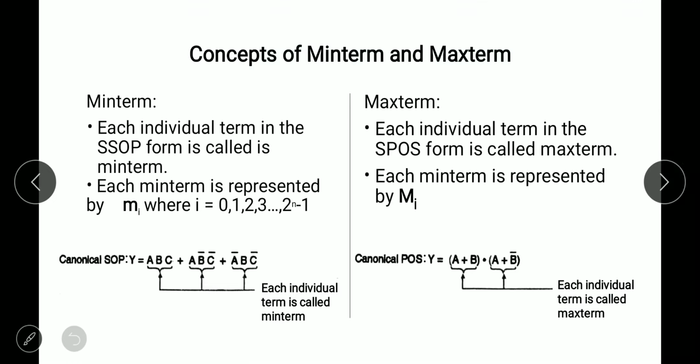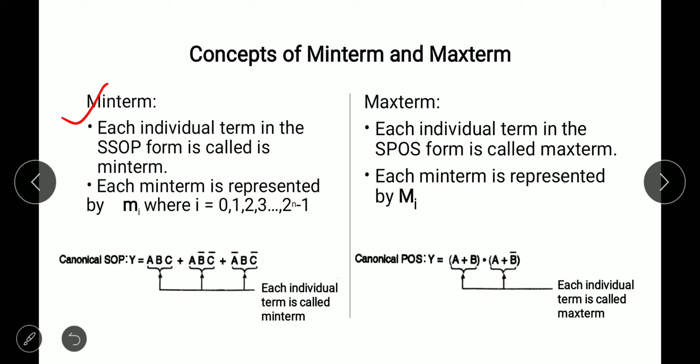Okay, so what is the concept of min term and max term? That is nothing but the meaning of min term and max term. First is min term. Each individual term in the SSOP form is called a min term.